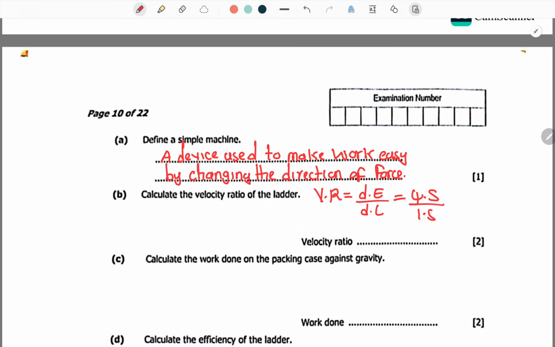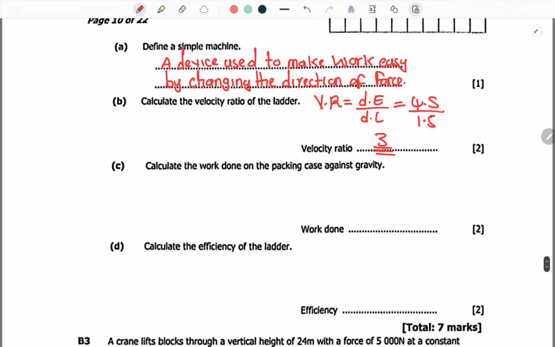The distance of the load is 1.5. So 4.5 divided by 1.5 is 3. So our velocity ratio is going to be 3. It has no units.